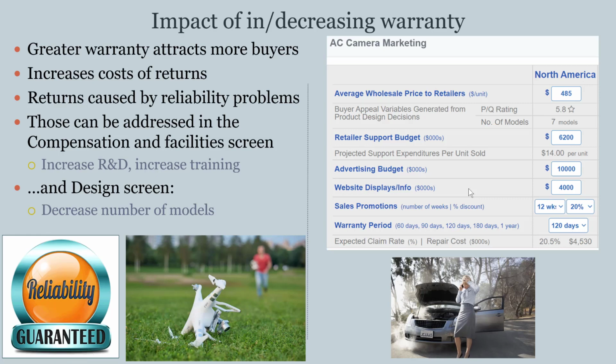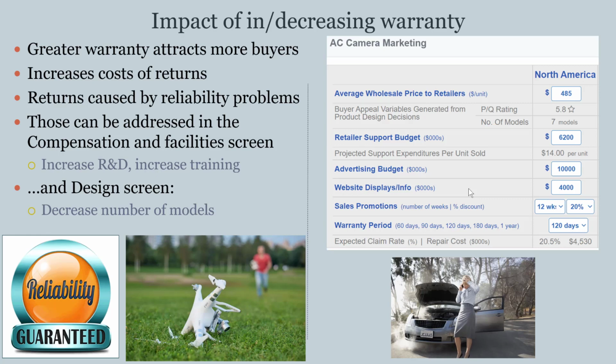The impact of increasing or decreasing warranty on the marketing screen gets pretty complicated too. So if you increase warranty, obviously you're going to be more competitive. People are going to buy your product, but at the same time, what that means is a longer time that customers can return the product, that means more product is going to be returned, and that's a cost.